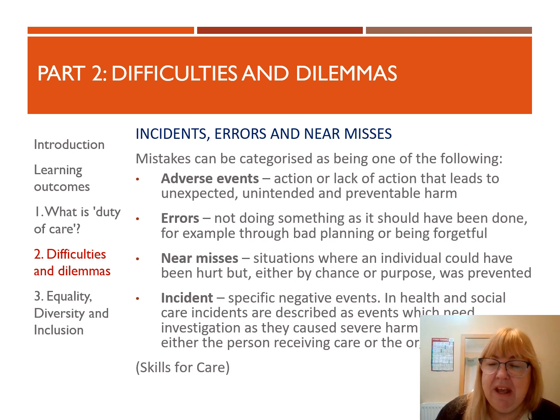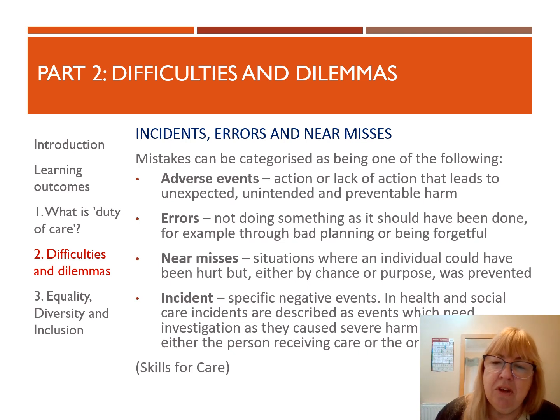Mistakes can actually be categorized, and they are in four areas really. Adverse events, which is often when something happens that you didn't plan. So you carry out your work with the best will in the world, and there's something unexpected that makes a mistake happen or takes you in the wrong direction.